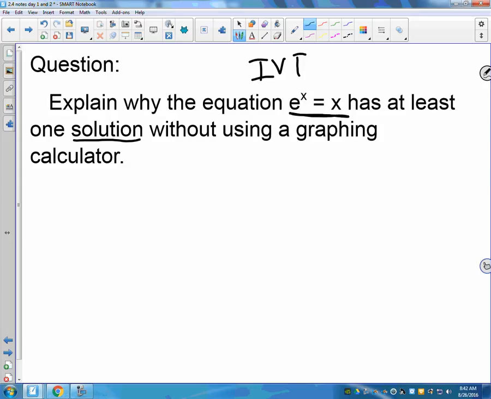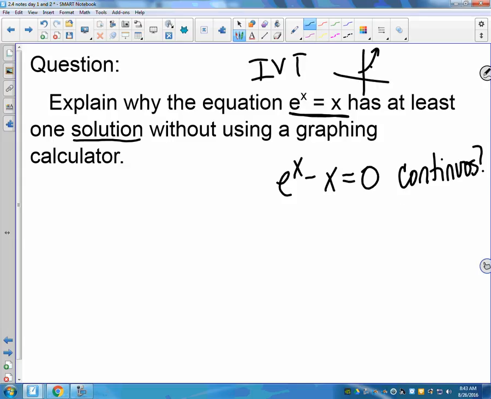So here's the question. Is e to the x equals x, or we can say e to the x minus x equals 0, is that a continuous function? Domain, yes. When we talk about continuous, we're talking about domain. So, can you plug anything you want in for x in an exponential problem? I don't know what this looks like with the minus x, but e to the x, remember, kind of looks like this.